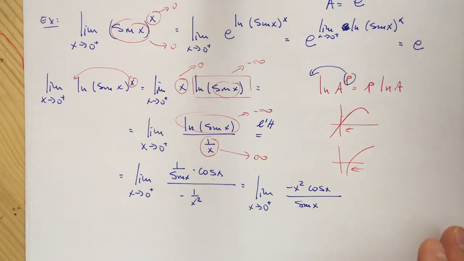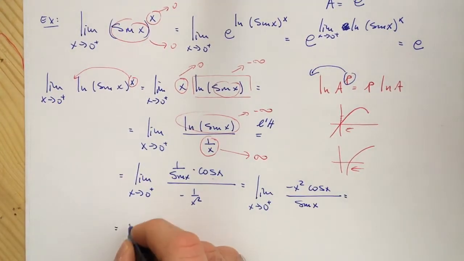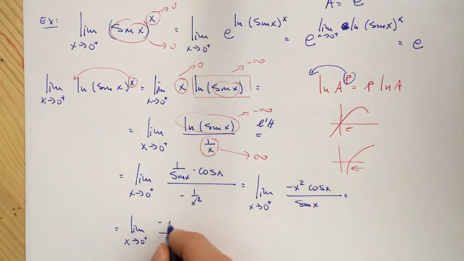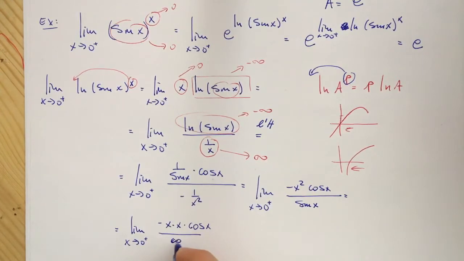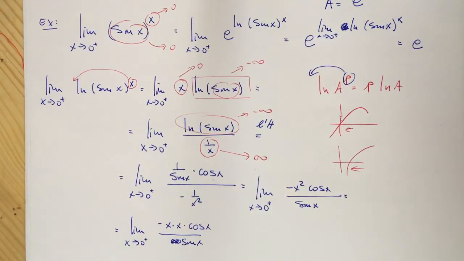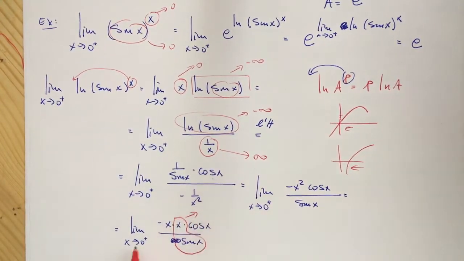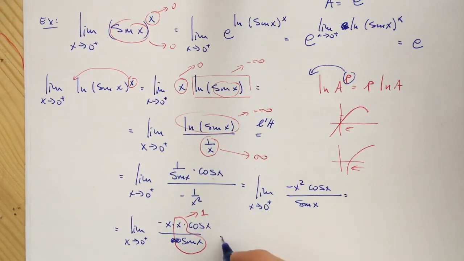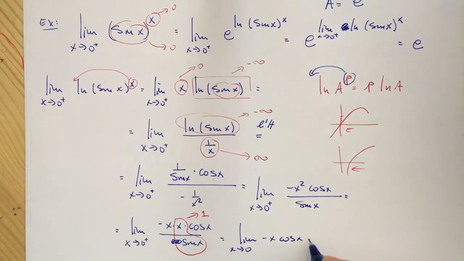So here you can use L'Hopital's rule again, but why use such a complicated method when we can rely on what we have learned in Cal 1, and that's the fact that x divided by sine of x, this ratio, when x goes to 0, approaches 1. So we are left with the limit of negative x times cosine of x. As x goes to 0, that's 0 times 1, which is 0.